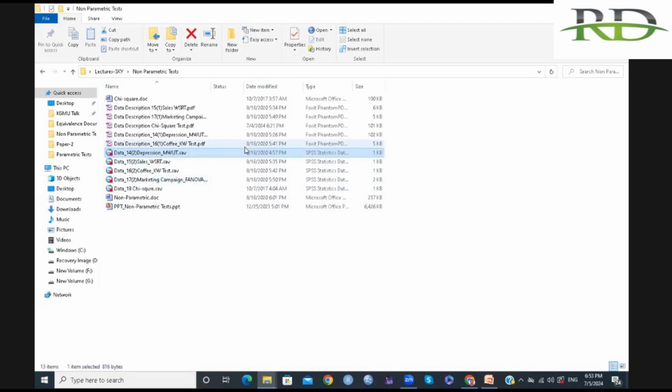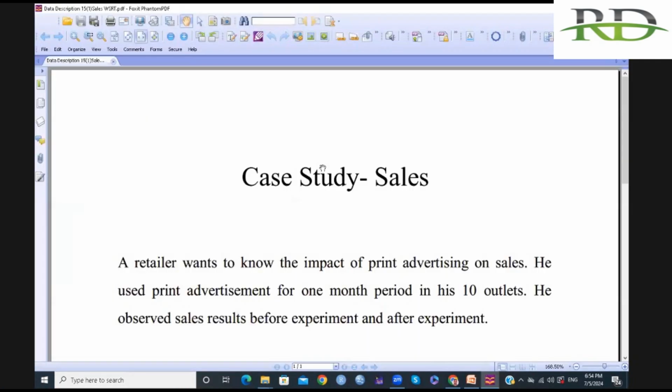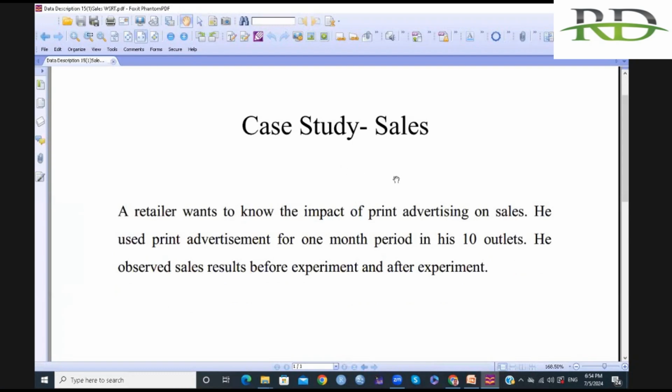Now come to the equivalent non-parametric test to the paired t-test, and that is the Wilcoxon signed rank test. So let us see first the case study, and then we will be doing hands-on. So here is a case study of sales. A retailer wants to know the impact of print advertising on sales.